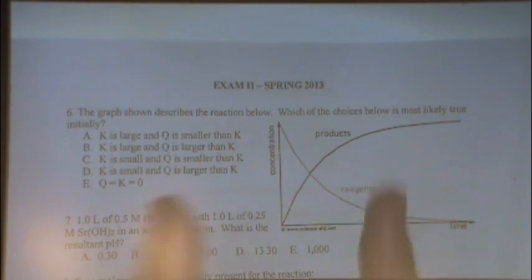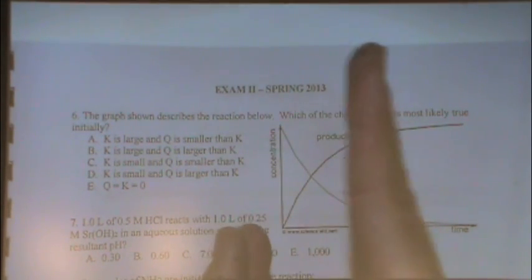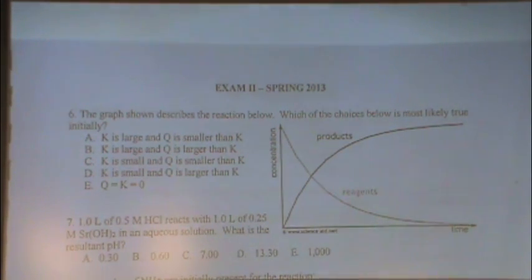Well, let's see. Is equilibrium on the right or the left-hand side? At the right. Wherever it's stabilized or where the line gets flat, that's the equilibrium side. So the right-hand side is equilibrium. Okay, is K large or small again? Large, because there's more products than reactants in equilibrium. So K is large, so it's either A or B.